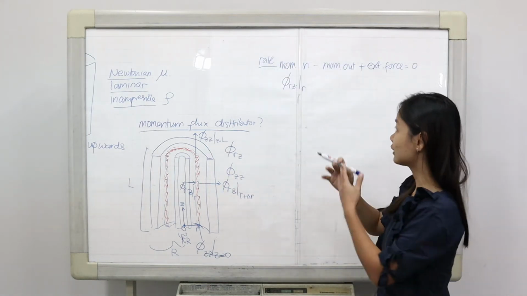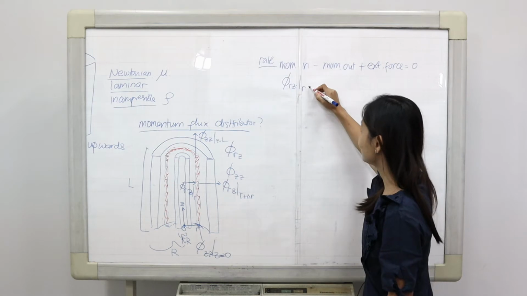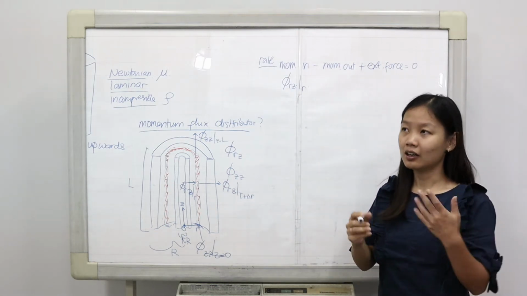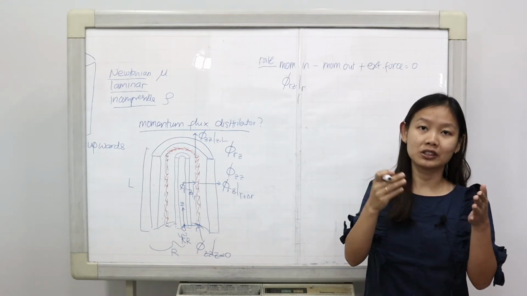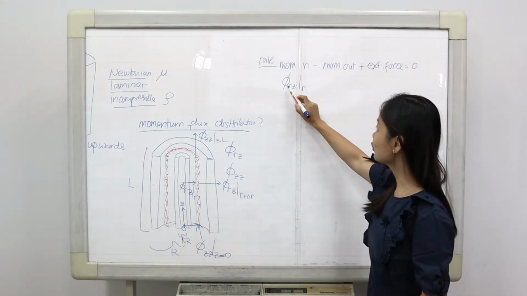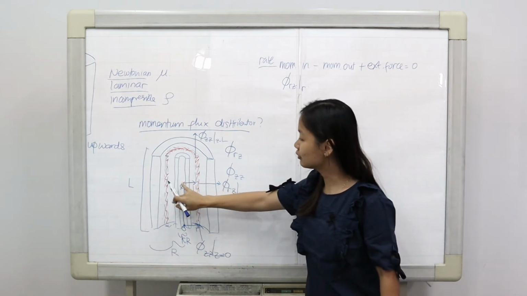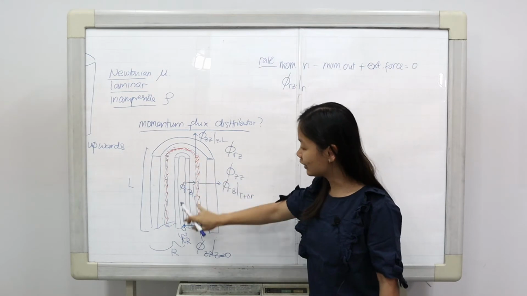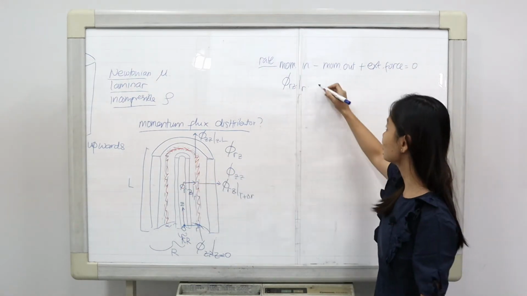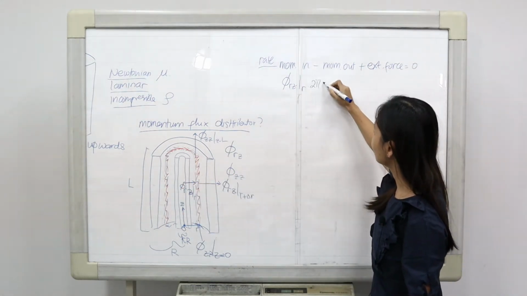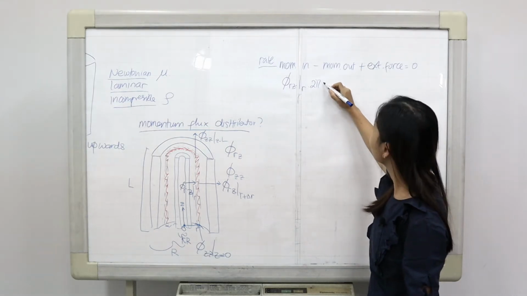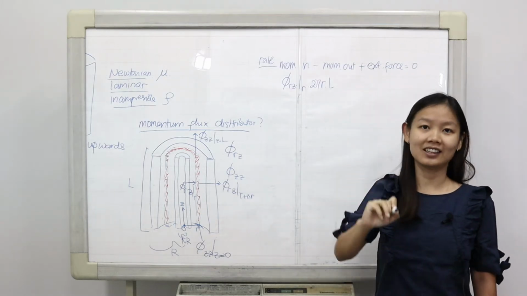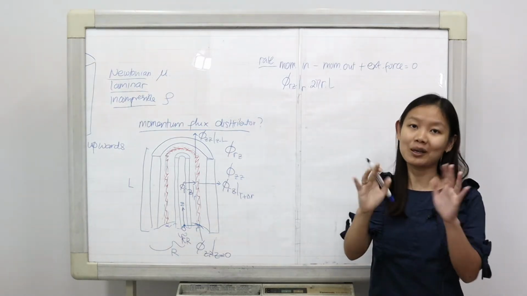So to have the rate from the flux, we have to multiply the flux by the cross-sectional area, or by the area perpendicular to the direction of the flux. Because we have phi rz and the flux moves in this direction, the area perpendicular to phi rz is 2 phi r L. Basically that's the selimut tabung.